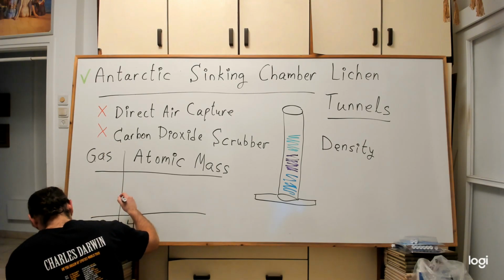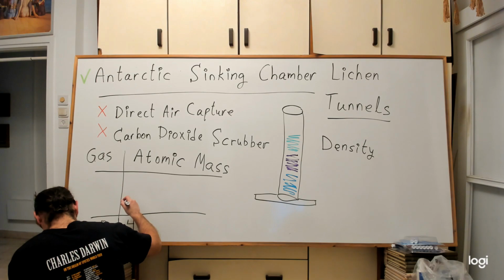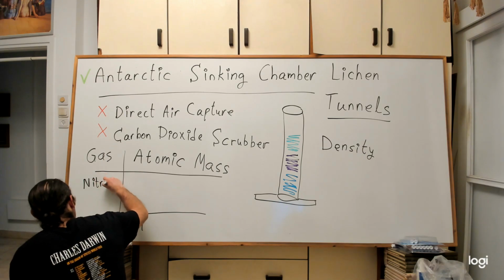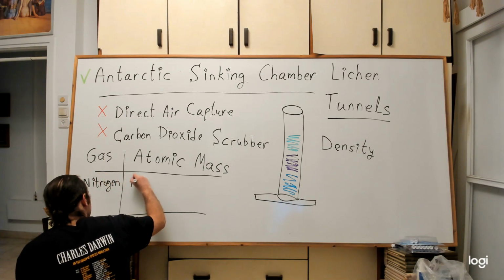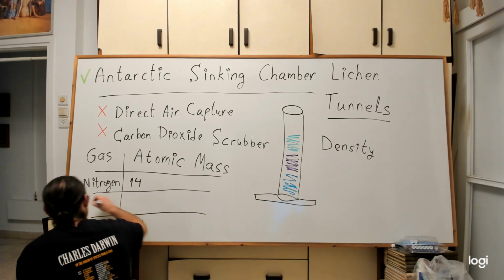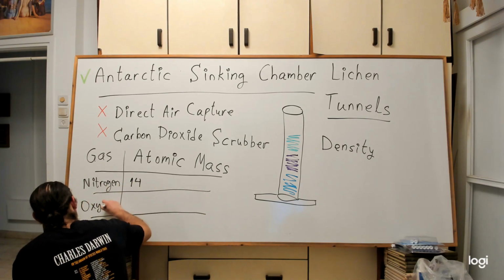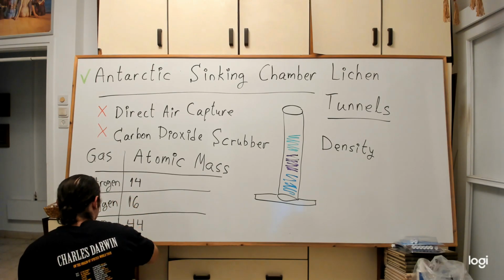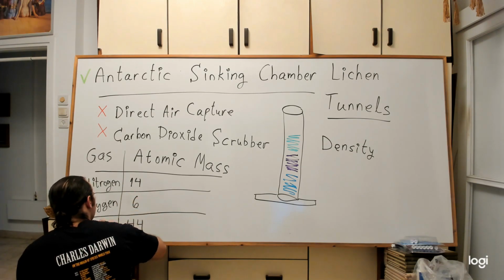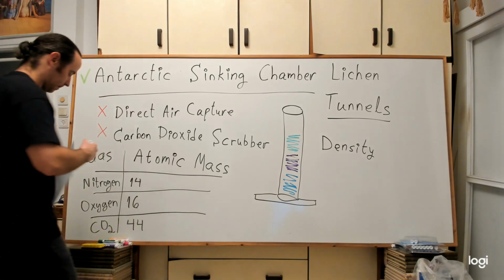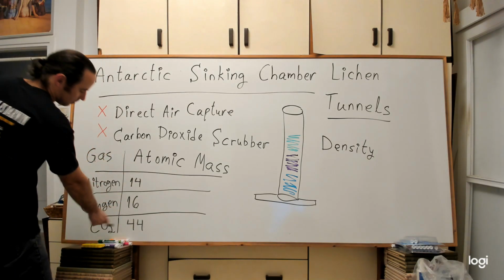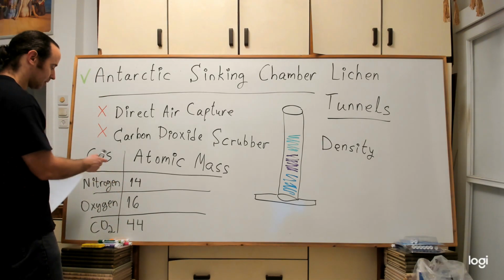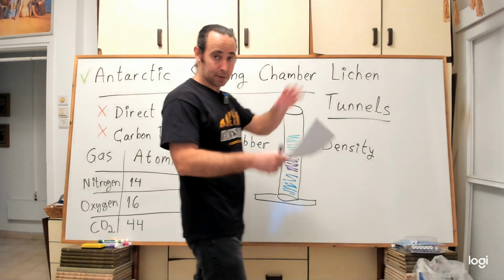We have oxygen, sorry, nitrogen, which is 14, and we have oxygen, which is 16. Okay? So this will be on the bottom after a long time, the CO2, and above this the oxygen and the nitrogen. Okay, so they separate.